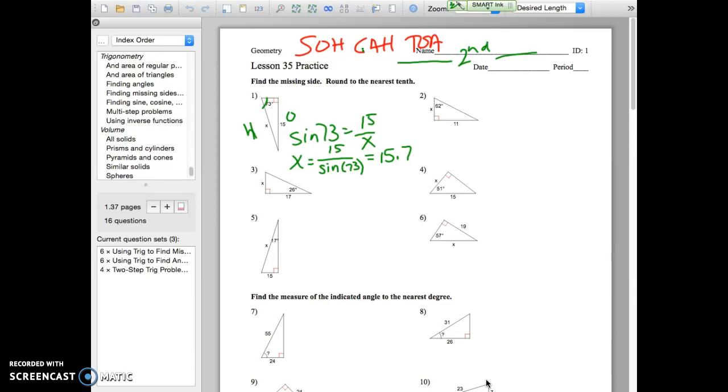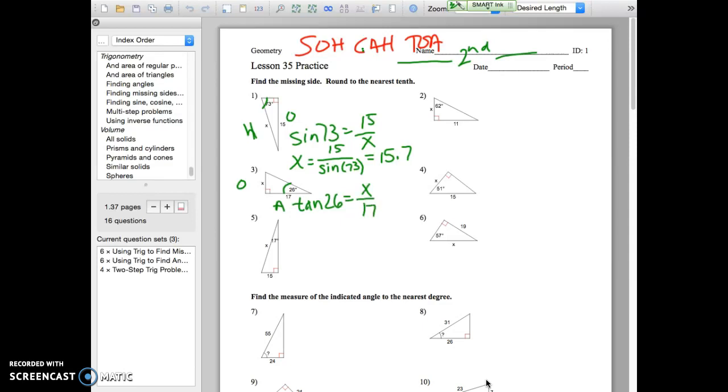And let's look at that as opposed to the second example here. You'll notice that x is going to be in the numerator for the second example that I'm going to do. So number 3, this is 26, and I have this side over here is opposite, and this is actually adjacent. We don't have the hypotenuse in this case. So I'm going to have to use the tangent of 26 equals x over 17.